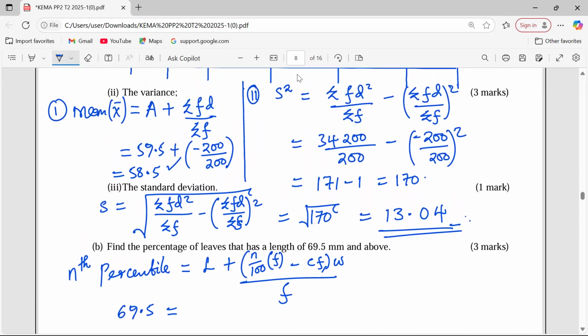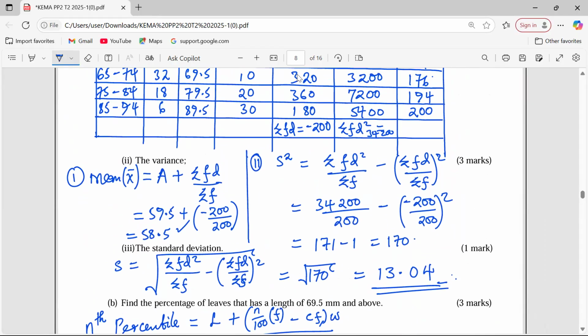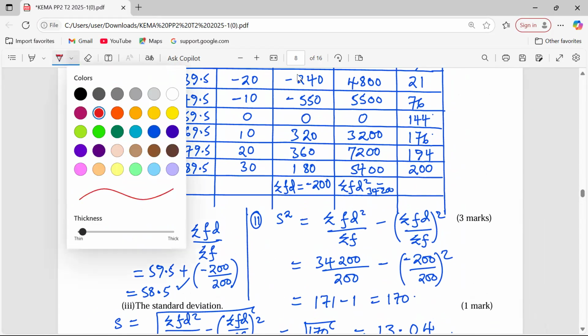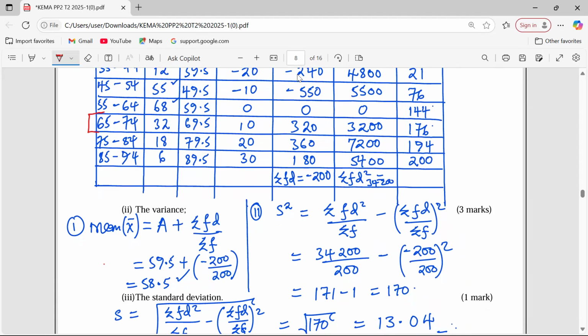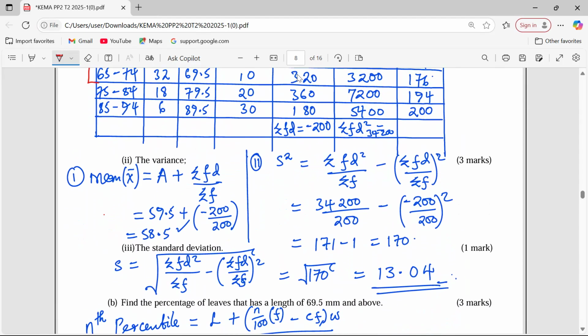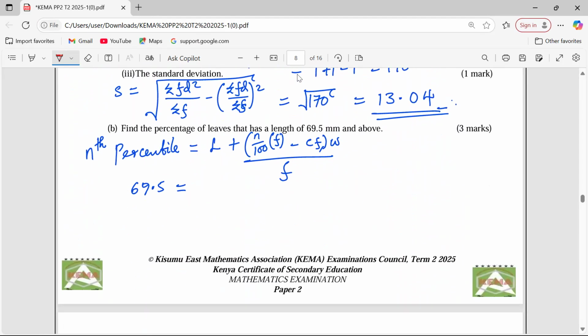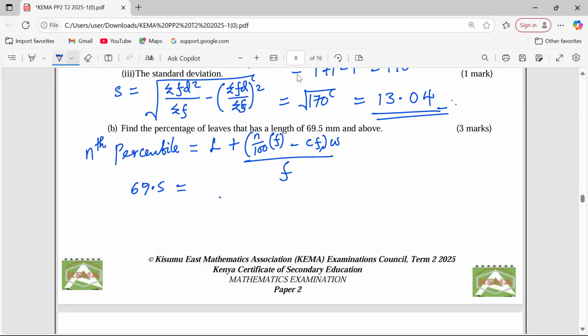So getting back to our statistics now, get back to the table, 69.5 will lie at a given class, and we must identify that class. So the unknown percentile is lying in this class, 65 all the way to 74. So when we start substituting now the lower boundary, it should be 64.5 plus.